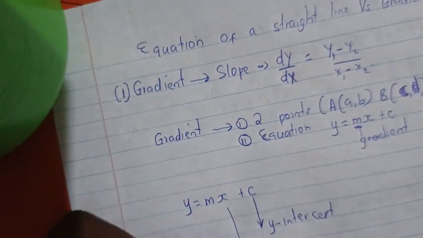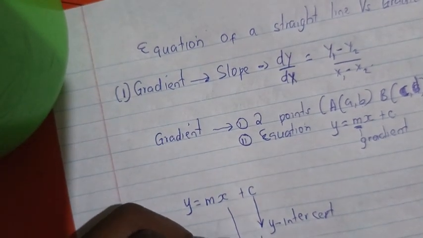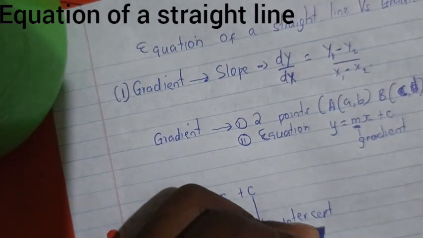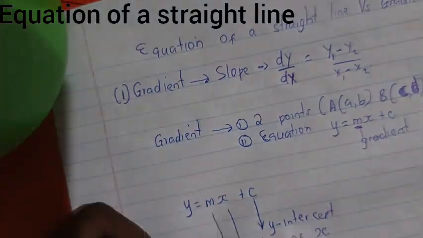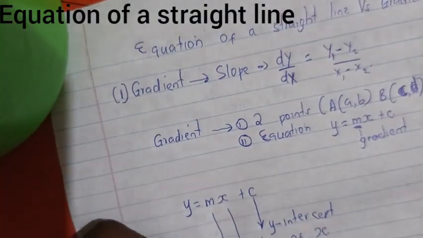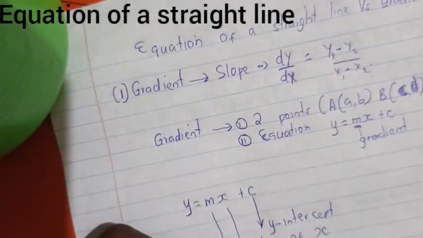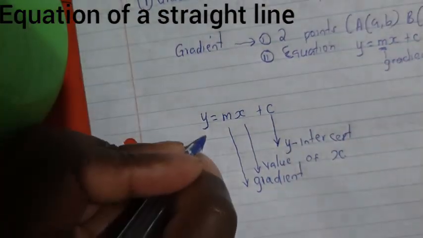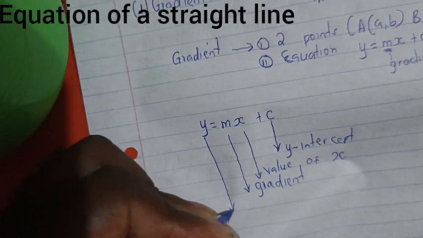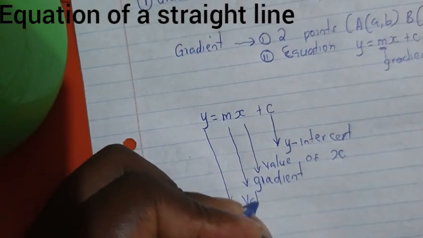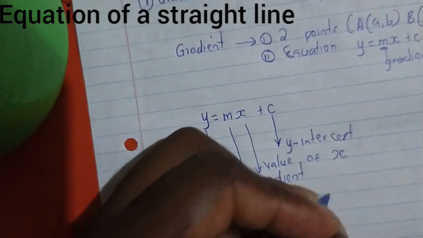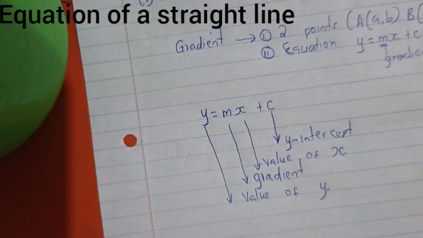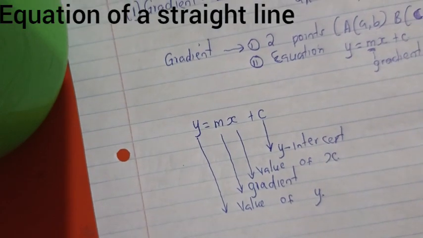This one is the value of x, this one here is the gradient, and this one here is the value of y. That is the equation of a straight line.